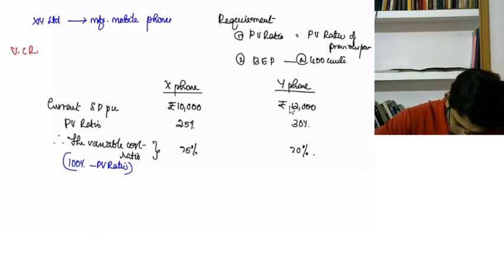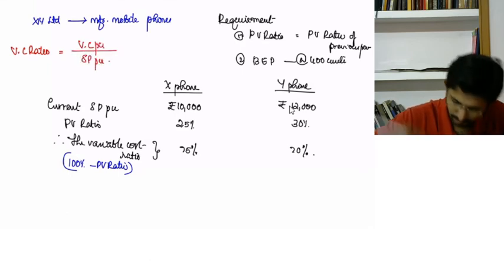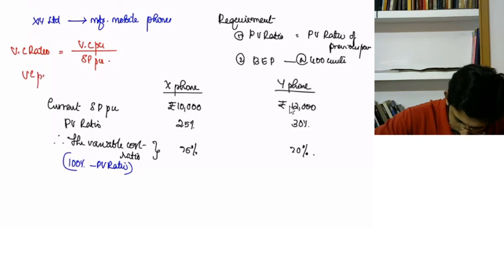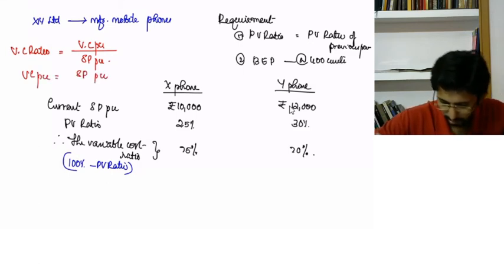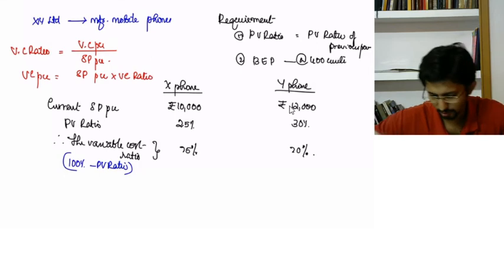Variable cost ratio is equal to variable cost per unit divided by selling price per unit. Or variable cost per unit is equal to selling price per unit into variable cost ratio.